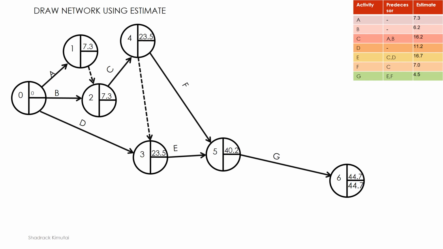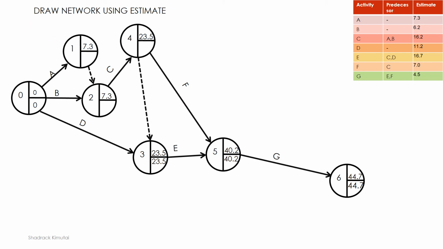So the next session is what we call the backward pass, and remember that in the last event, the earliest start time and the latest start time, or the earliest finish time and the latest finish time, are equal. So we'll make the two equal, that is 44.7 on top and bottom, and as we walk back, we'll have 44.7 minus 4.5 for the duration of activity G, and we'll get 40.2.